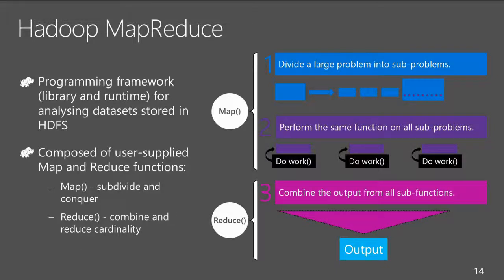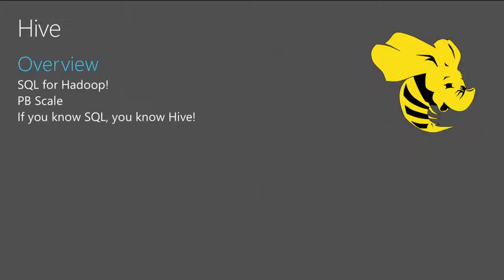So Hive is SQL for Hadoop. The reason it was created was it's quite hard to write a MapReduce job, right? Even to write a simple word count, it's like 100 lines. So there's a steep learning curve. And so one of the reasons why Hadoop took off was mostly because Hive came out, right?